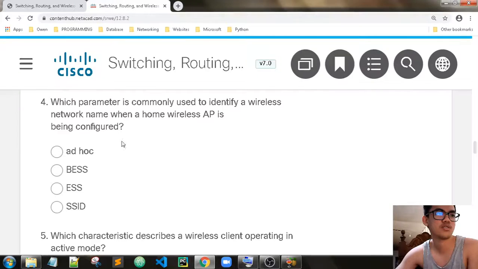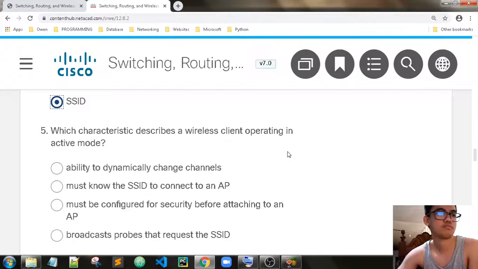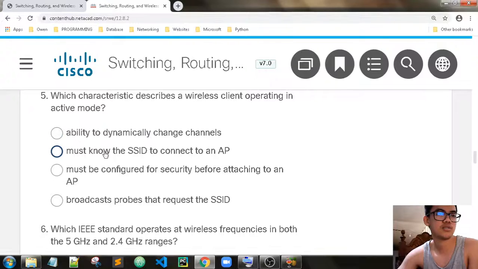Which parameter is commonly used to identify a wireless network name when a home wireless AP is being configured? We have the SSID name, the name of the access point. Which characteristic describes a wireless client operating in active mode? Must know the SSID to connect to an AP.